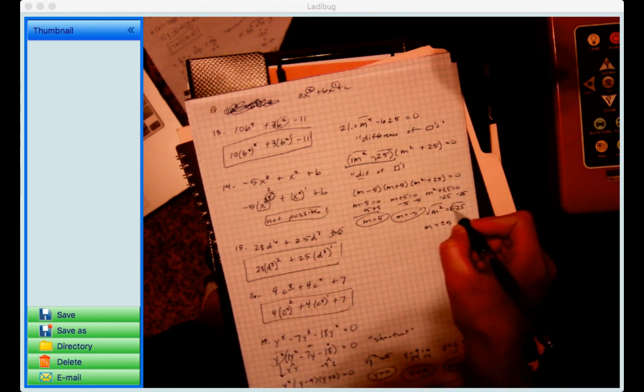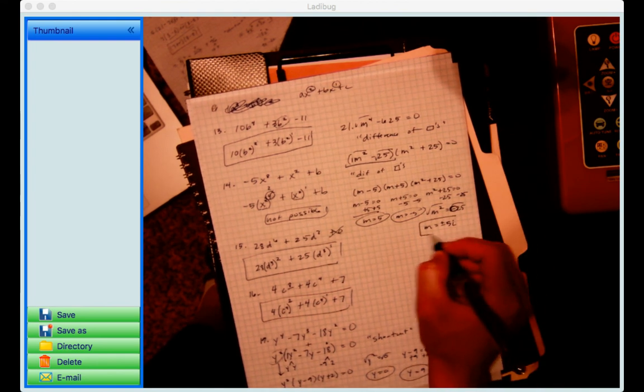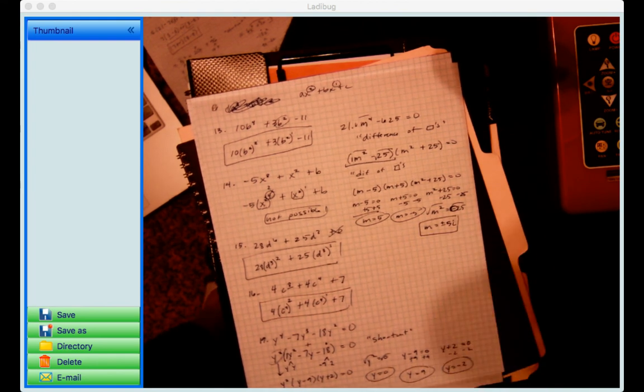And then remember, a negative is plus or minus 5i. 22 is the same. You take an n squared out.